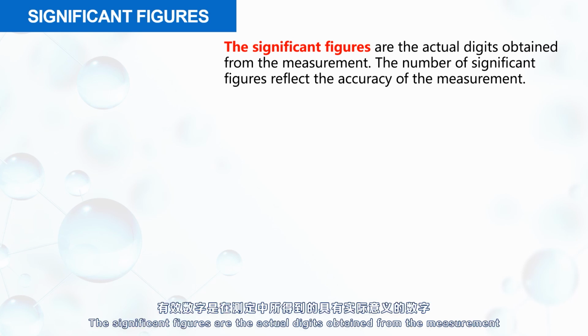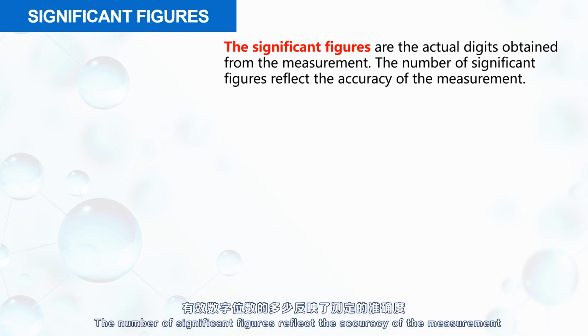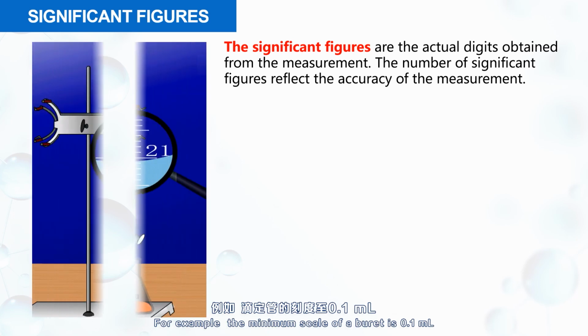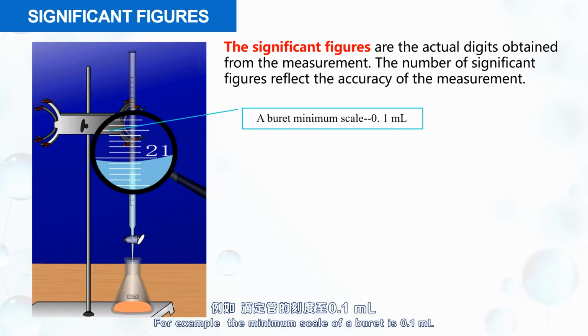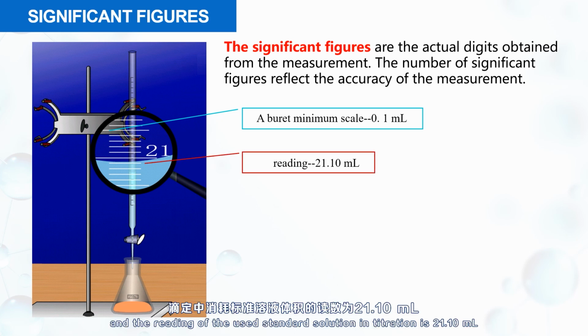The significant figures are the actual digits obtained from the measurement. The number of significant figures reflects the accuracy of the measurement. For example, the minimum scale of burette is 0.1 milliliter, and the reading of the used standard solution in titration is 21.10 milliliter.